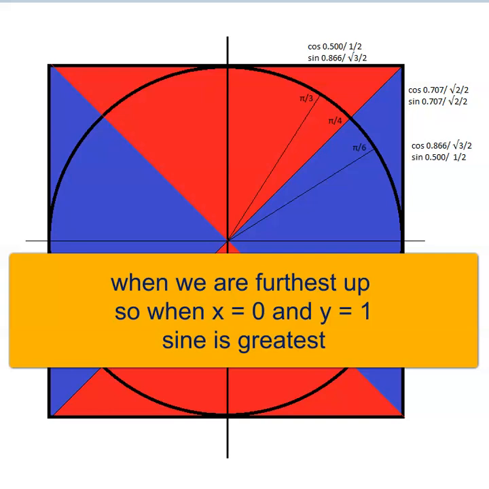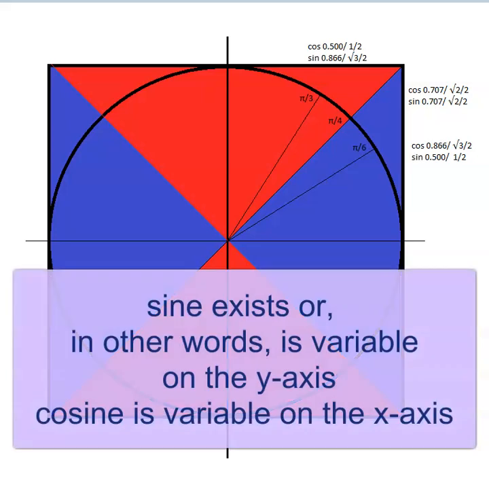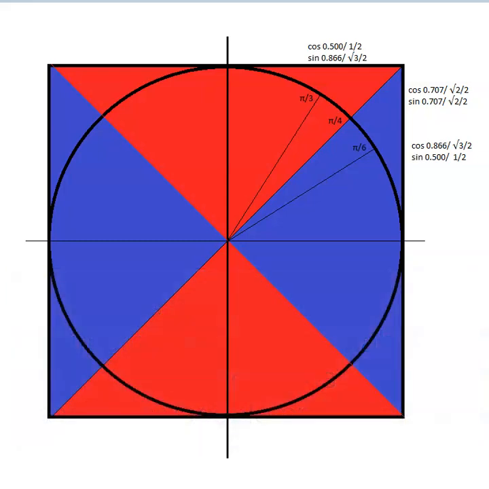So when x equals 0 and y equals 1, sine is greatest, and the trick is that sine exists on the y-axis and cosine exists on the x-axis, which isn't strictly speaking true, but it does help me to remember it.